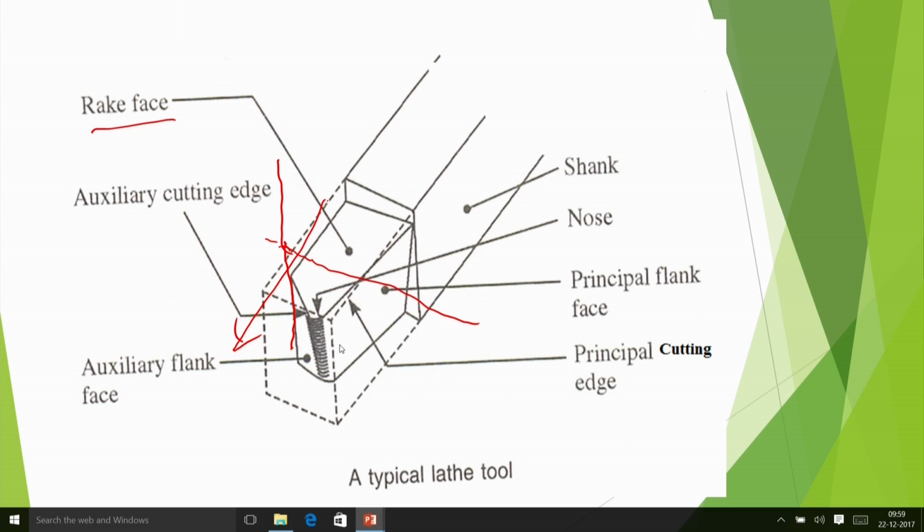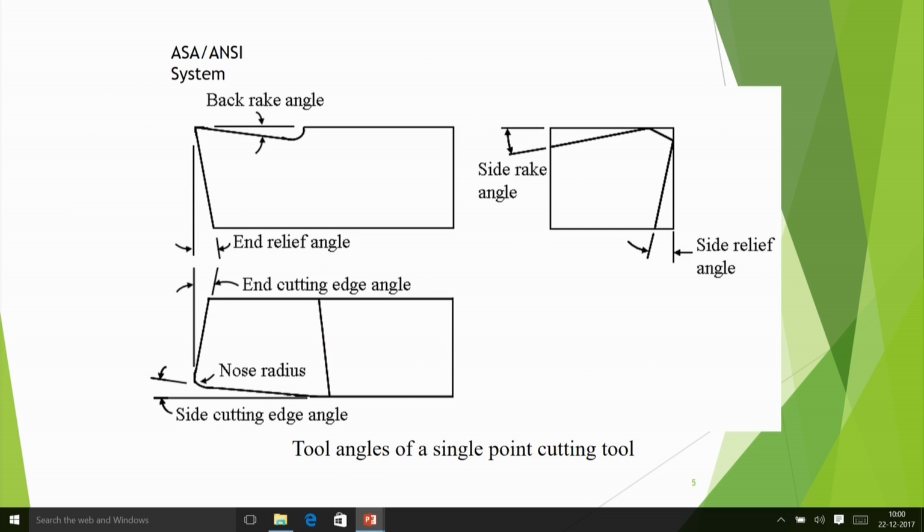Now if we make the three views of this cutting tool, it will be very nice, we can understand. So three views of the tool are shown like that. Top view is this, with the nose radius, and front view is this, and then we have a side view.